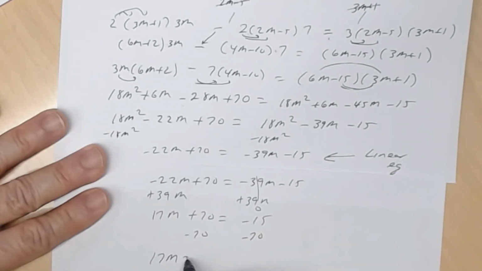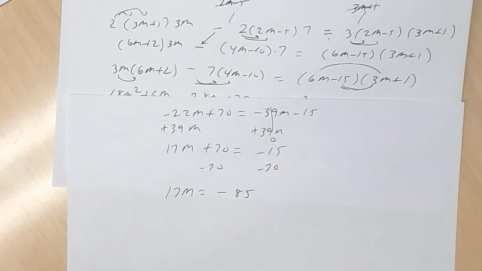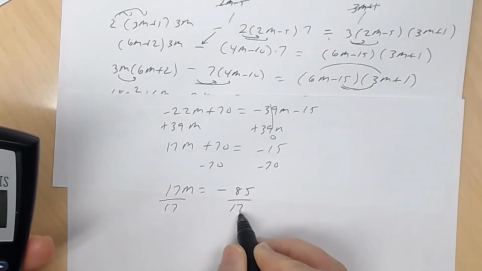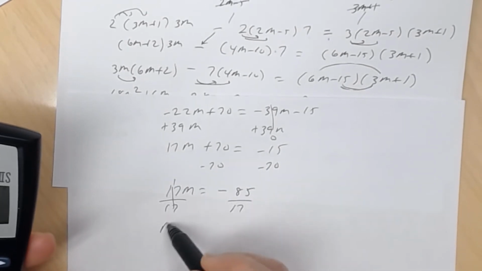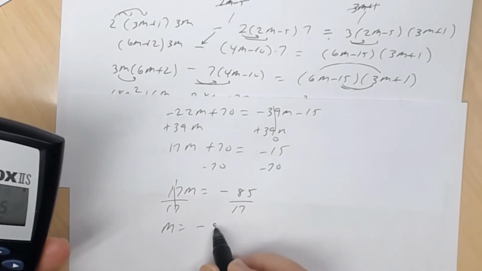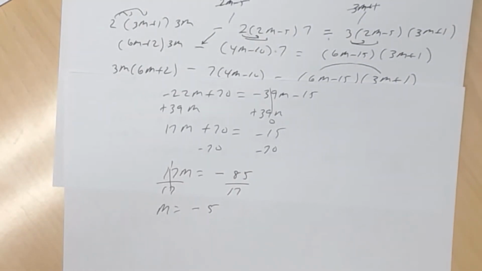I get 17m equals a negative 85. And then when I divide both sides by 17, I get m to be, and use your calculator, negative 5.